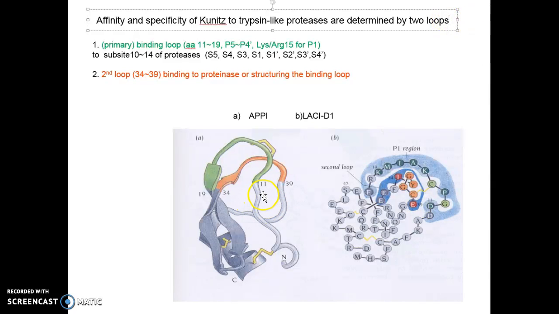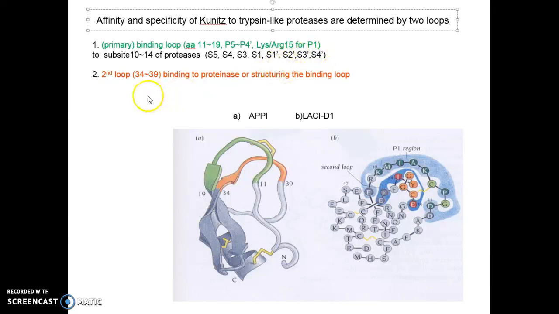You can see two protein structures, APPI in A and LACI-D1 in B, both with the primary binding site in green color, residues 11 to 19, where P1 is highly conserved for lysine or arginine, and this region binds to the protease subsites labeled S5, 4, 3, 2, 1, 1 prime, 2 prime, 3 prime, 4 prime.